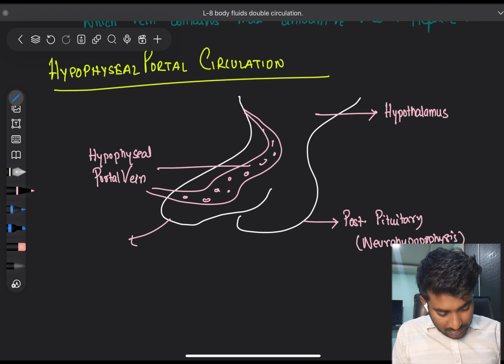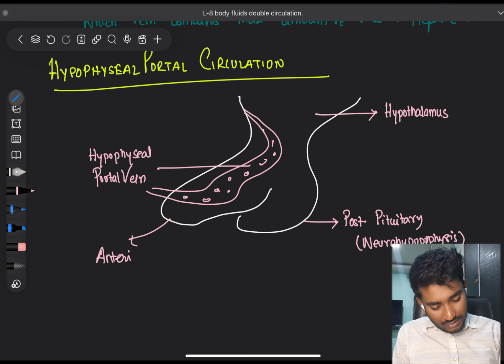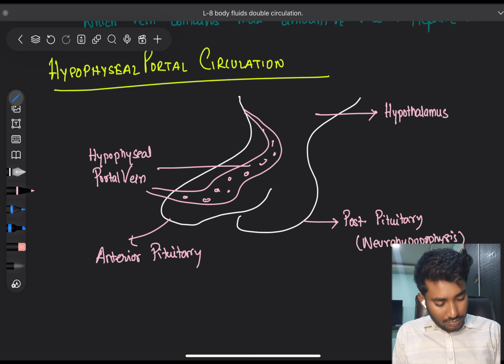This is the anterior pituitary, or adenohypophysis.